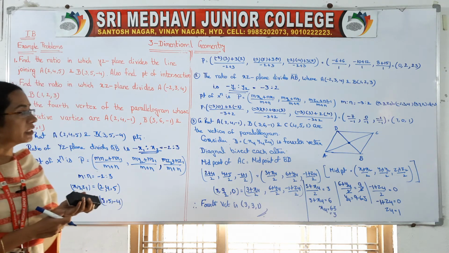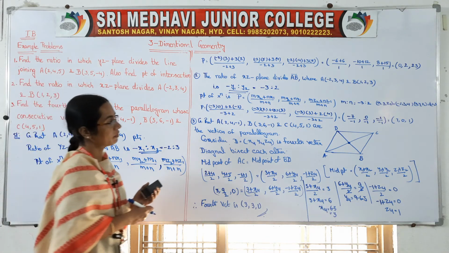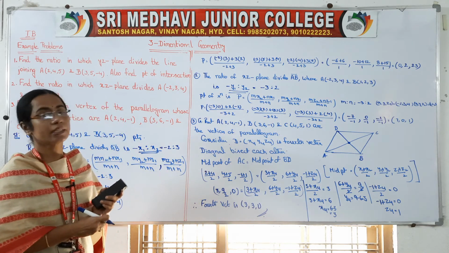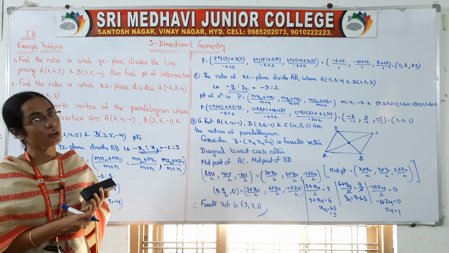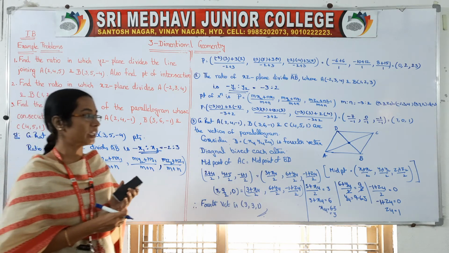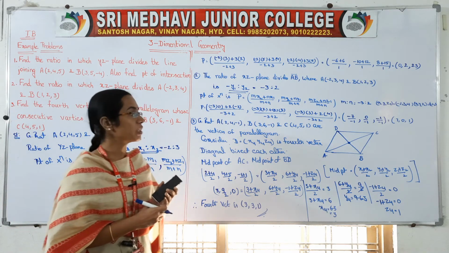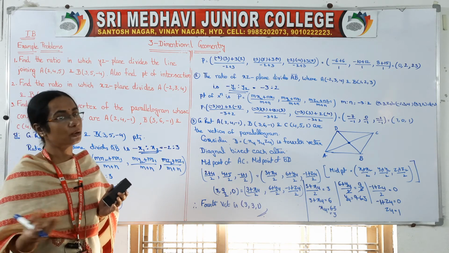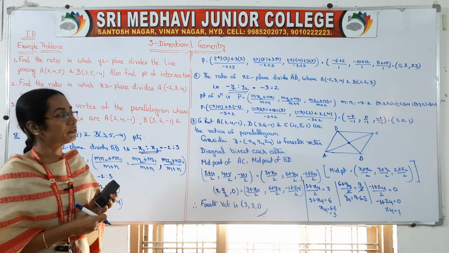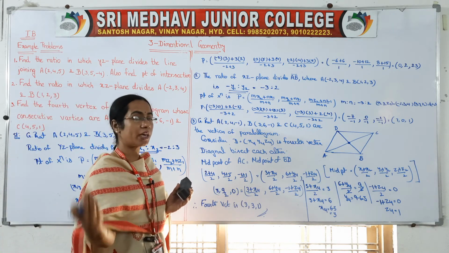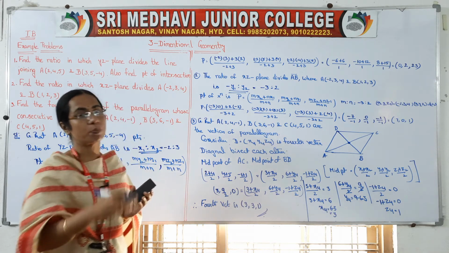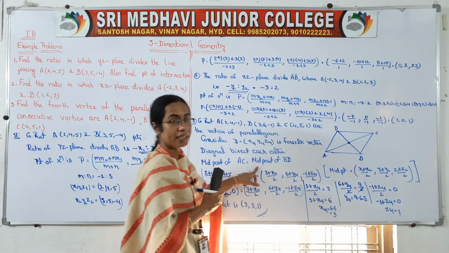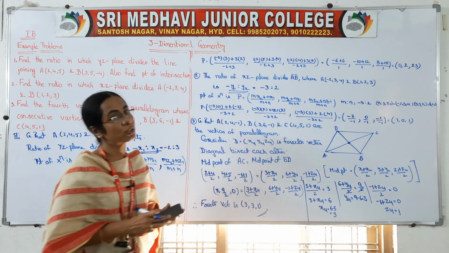So what is the procedure here? 3 vertices are given to us, the fourth vertex we have to find, and they are saying these are the vertices of a parallelogram. So in a parallelogram, diagonals bisect each other. It is a rule in geometry. If they bisect each other, midpoint of one diagonal is equal to midpoint of another diagonal. So we have taken that condition to get our fourth vertex.